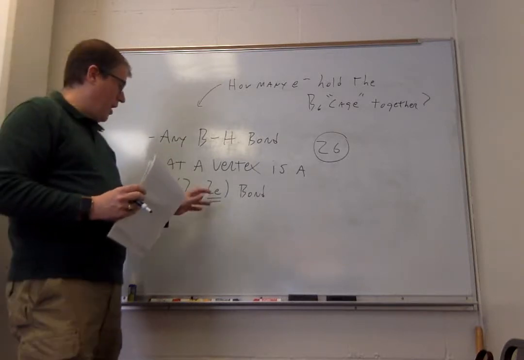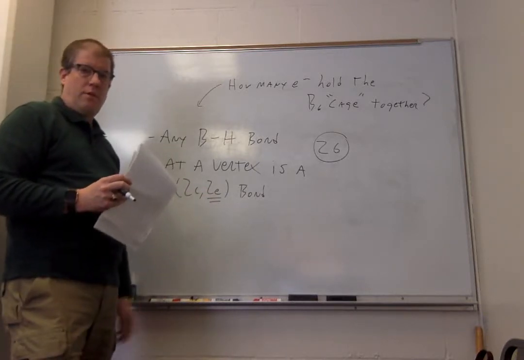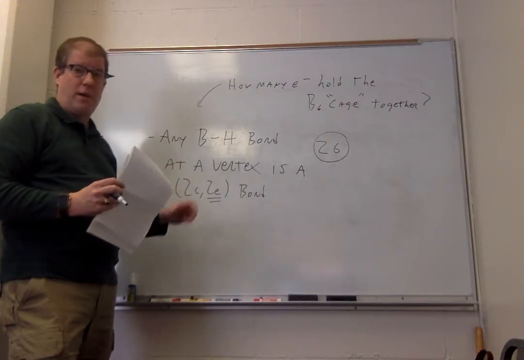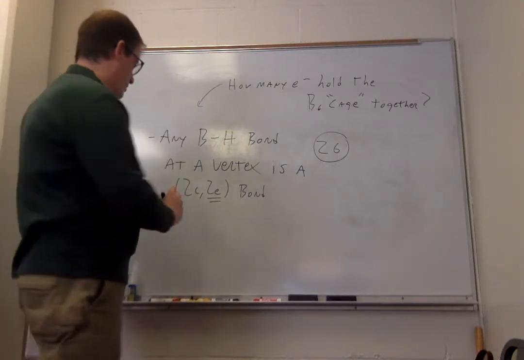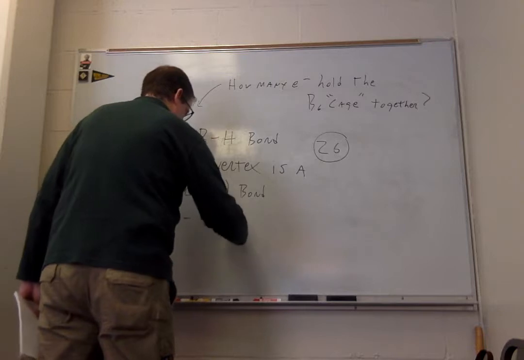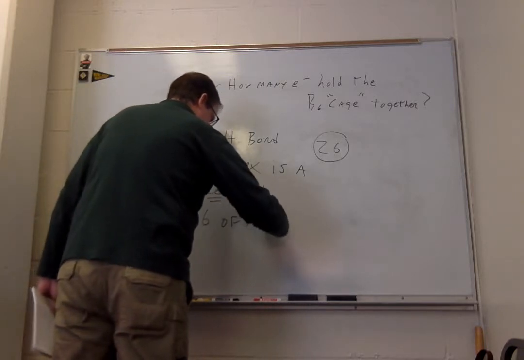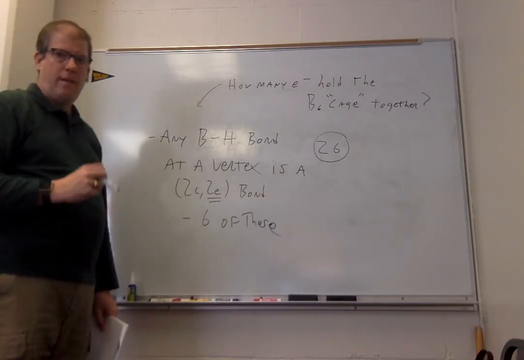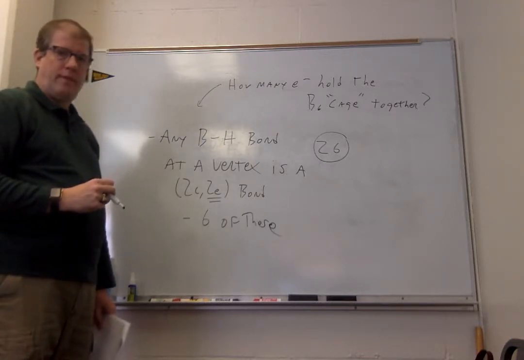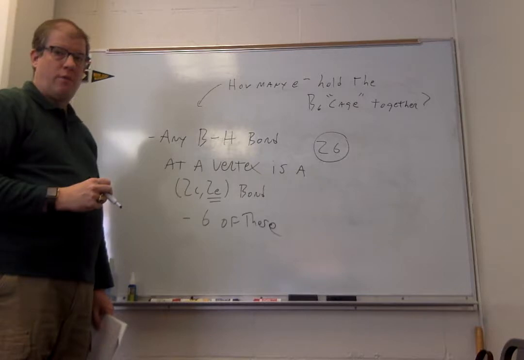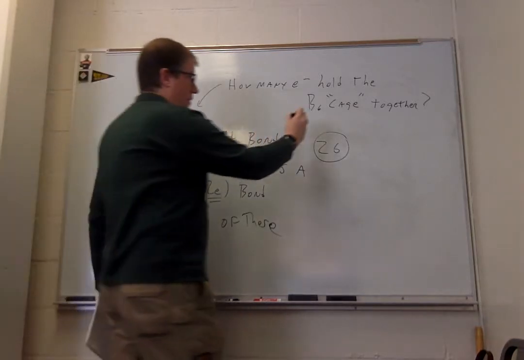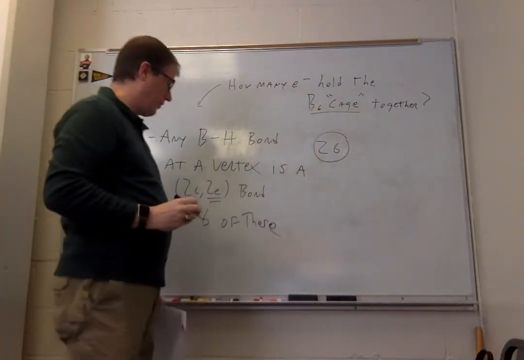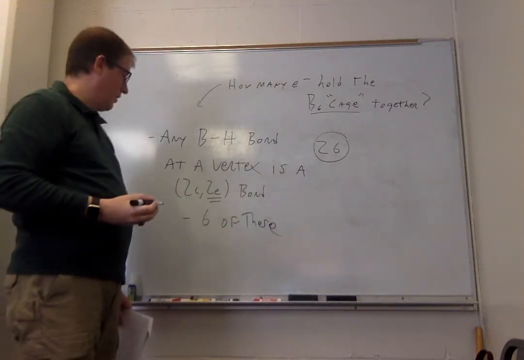So if we can figure out how many electrons are used to form the 6 boron-hydrogen bonds, then we know how many are left over to hold that cage together.